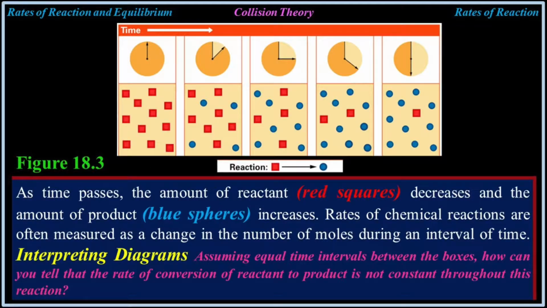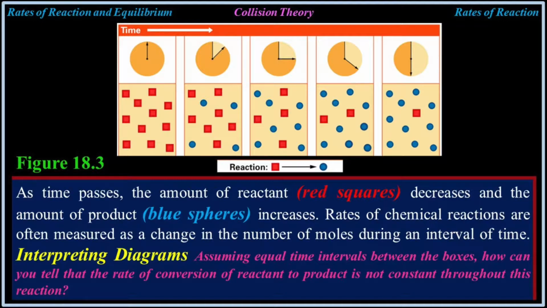As time passes, the amount of reactant, the red squares, decreases and the amount of product, blue spheres, increases. Rates of chemical reactions are often measured as a change in the number of moles during an interval of time. Interpreting diagrams.